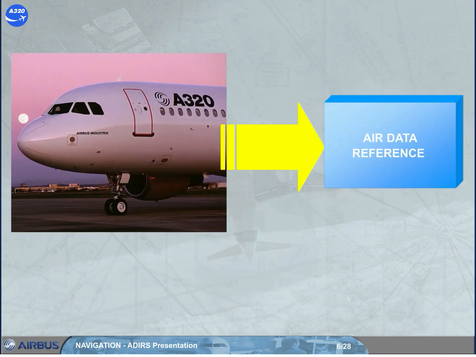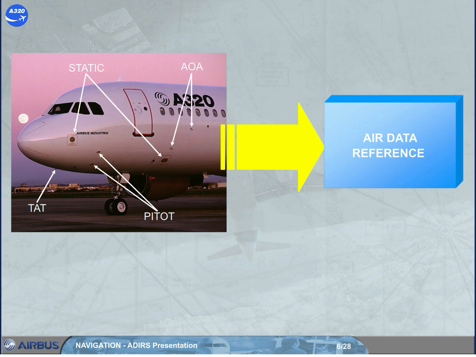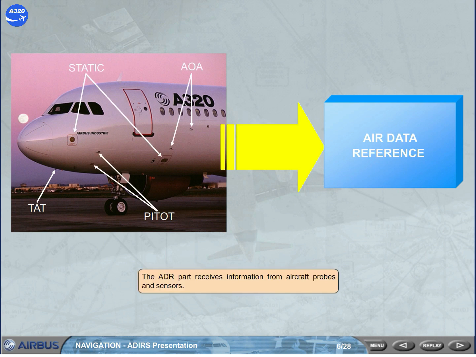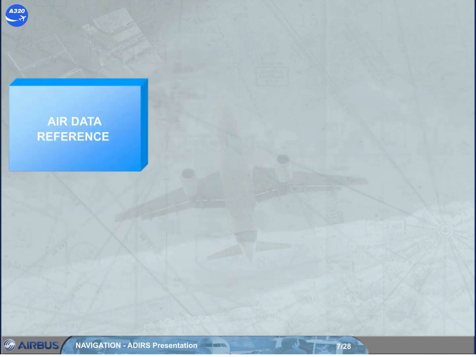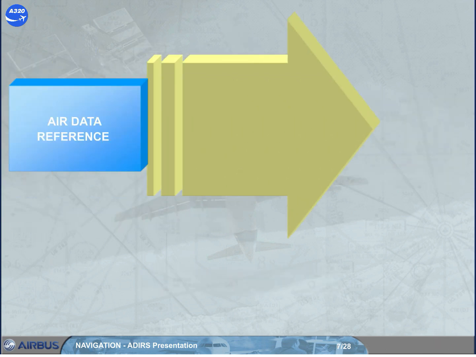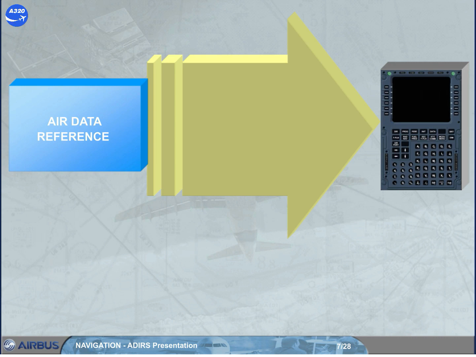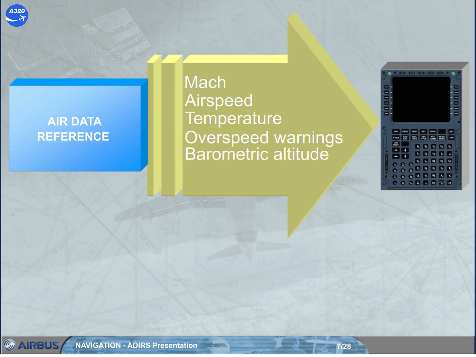The ADR part receives information from aircraft probes and sensors. The ADR part provides various items of air data to the Flight Management and Guidance Computers, FMGC, and other users. The air data provided includes Mach, airspeed, temperature, overspeed warnings, barometric altitude, and angle of attack.